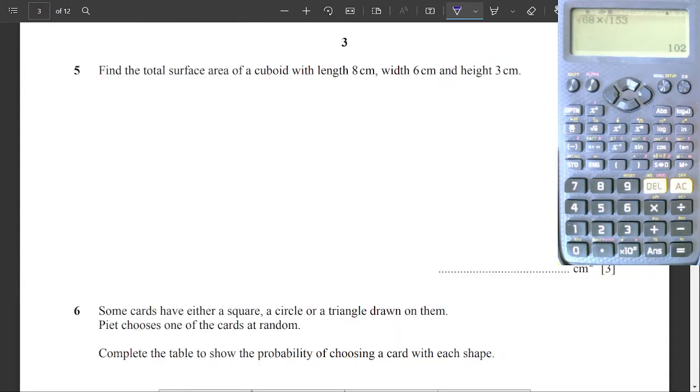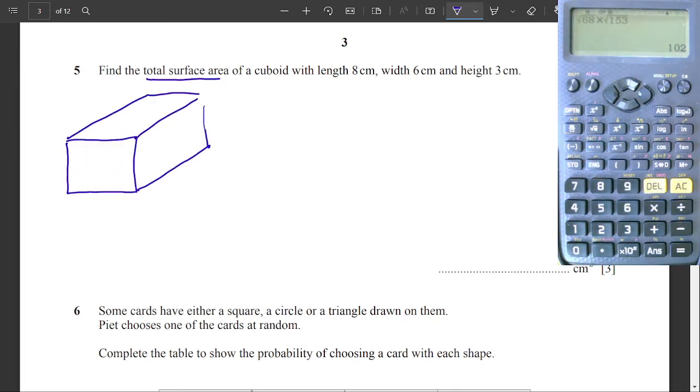Question 5. Don't confuse surface area with volume. Okay, surface area means we need to work out the area of each of the 6 faces of a cuboid. So there's the cuboid. Remember, it's got 6 faces. Let's say this is 8, 6, and 3.